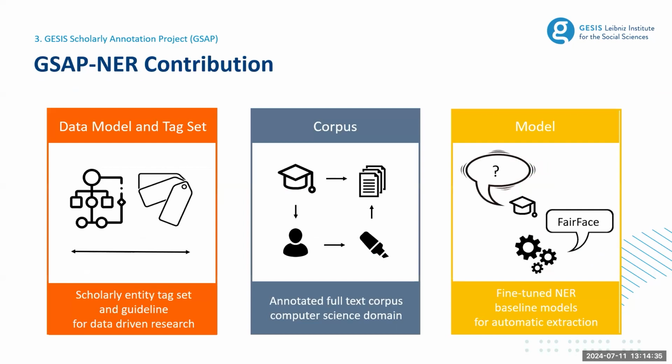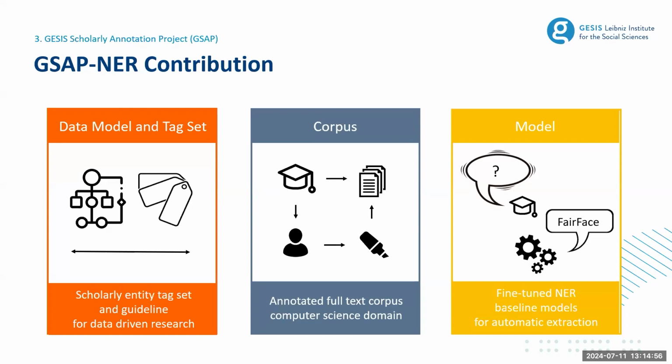The contribution of the project is threefold. On the first, we create a data model which is able to define what is relevant data in our context, and to define relevant entities and related relations.